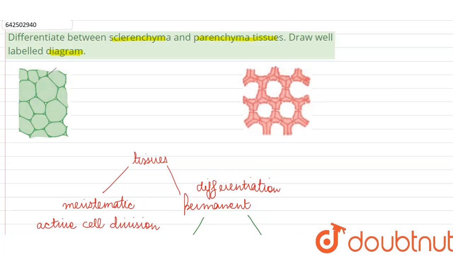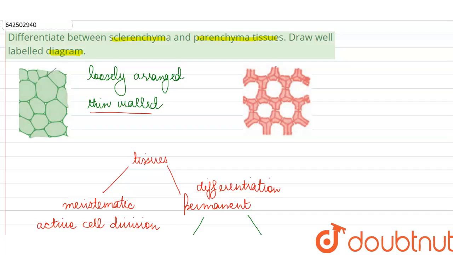When we talk about parenchyma, this tissue is made up of loosely arranged, thin-walled cells which usually have intercellular spaces, and we are going to see that their walls are made up of cellulose and they do not have any kinds of thickenings.